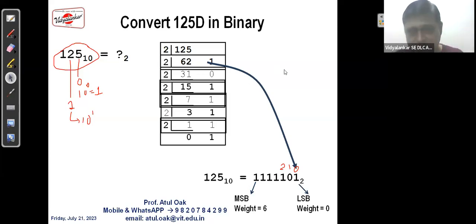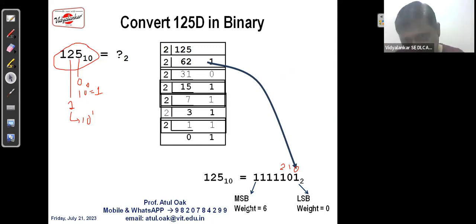Let me summarize and take your questions if you have any. A bit with minimum weight is called LSB, least significant bit. A bit with maximum weight is called MSB, most significant bit.